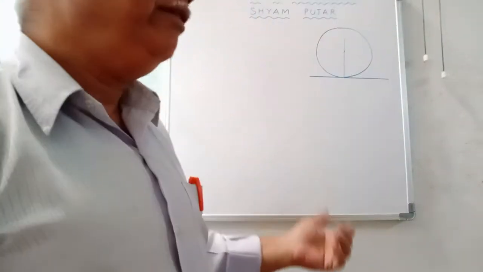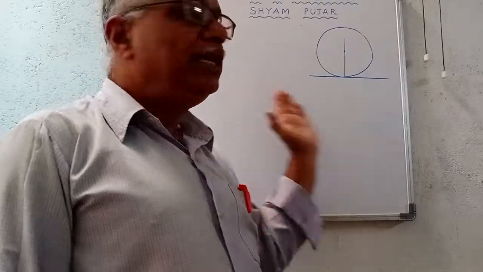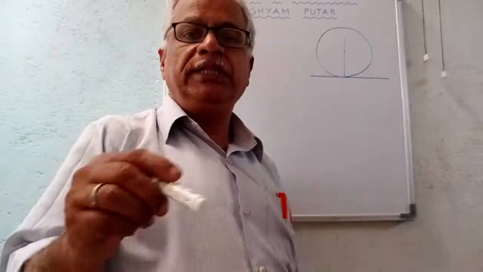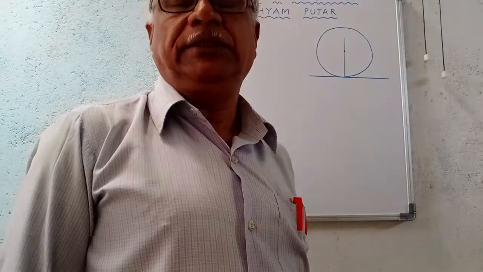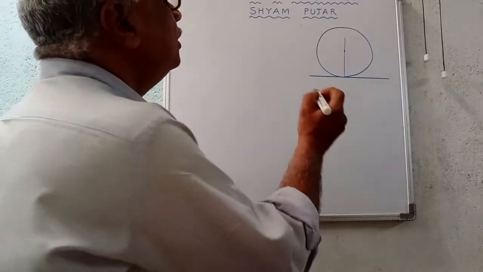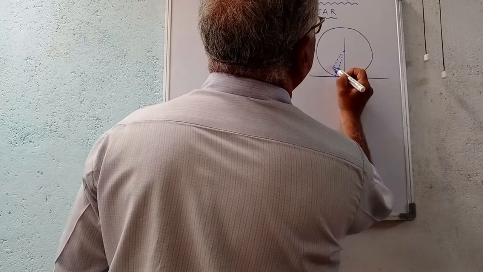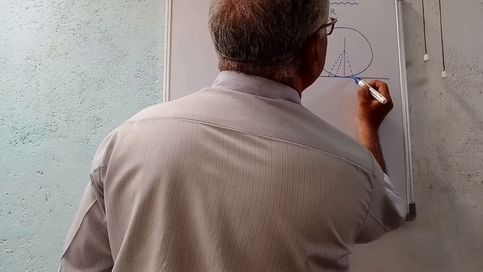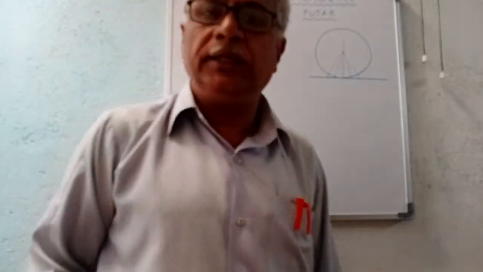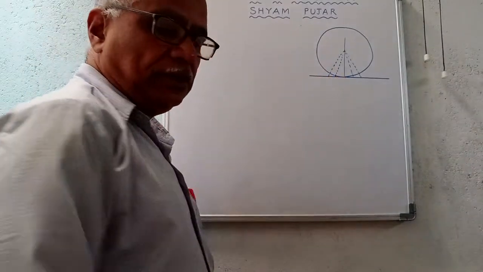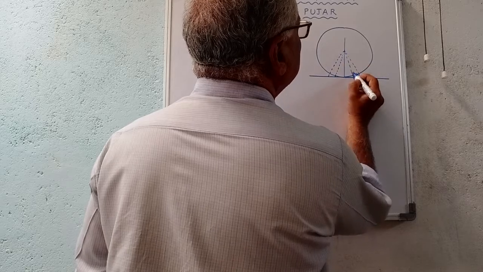Okay. Since we know very well that whenever a tangent is drawn, the line joining the point of contact with the center is at right angles to that tangent. Because if you draw any other line, all those lines are longer than this line because of the Pythagoras theorem. This square plus this square is equal to this square.